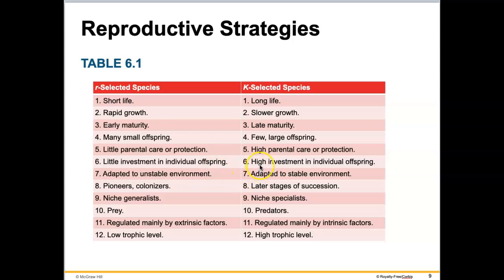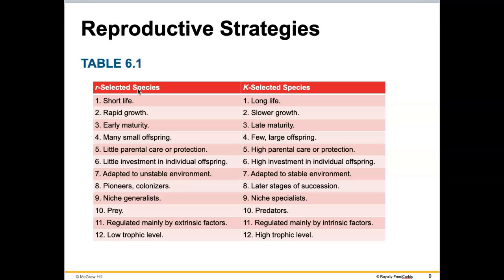This is an important comparison between our selected species. Our selected species are organisms that don't live very long. They have a large amount of offspring that they will develop, but very, very few of them will ultimately live to be adults to have their own offspring.